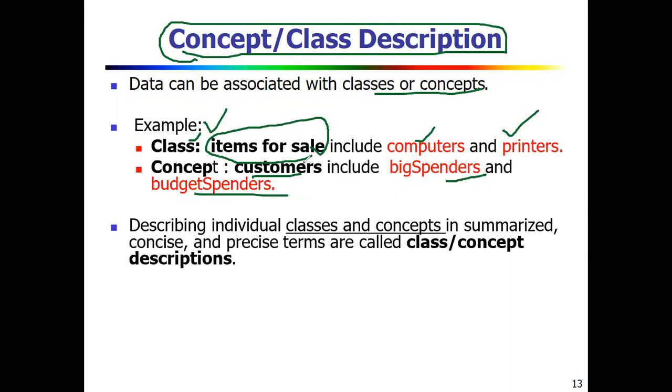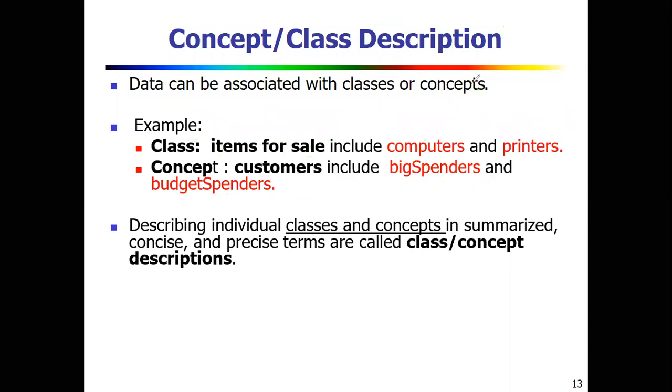So customer is a concept which includes big spenders and budget spenders. That is, data can be associated with class or concept.